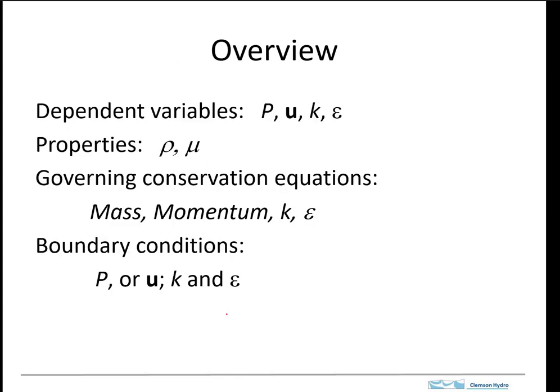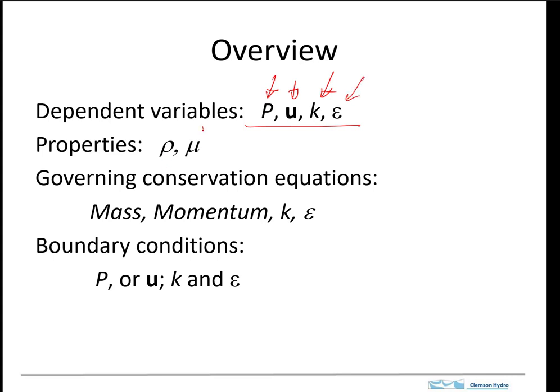Okay, so the overview is that when we do this analysis of turbulence, we've got these dependent variables. We've got 4 dependent variables, pressure and velocity. With laminar flow, that was it. We just had pressure and velocity as the dependent variables. Now we've also got the kinetic energy and the dissipation.